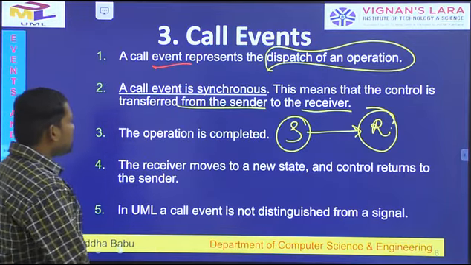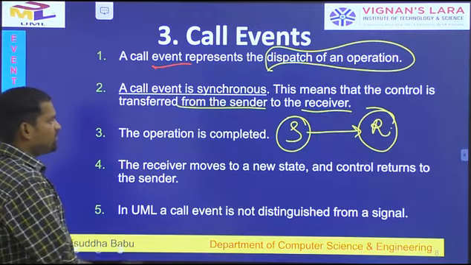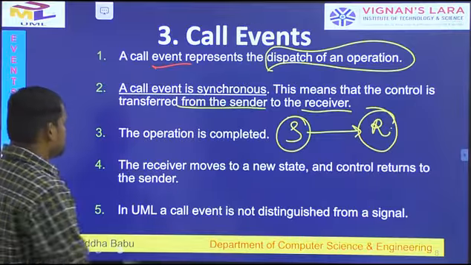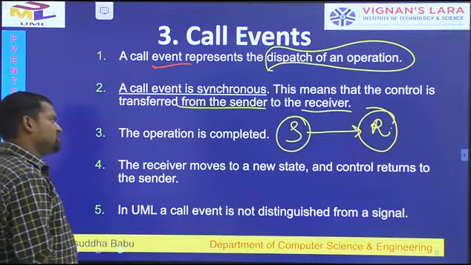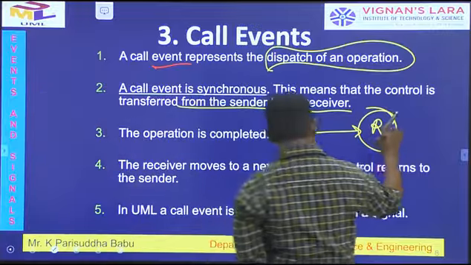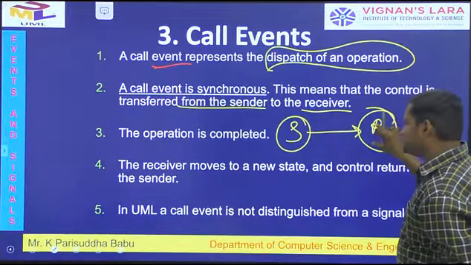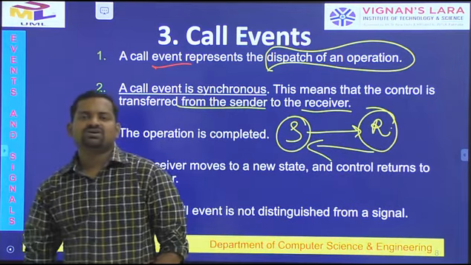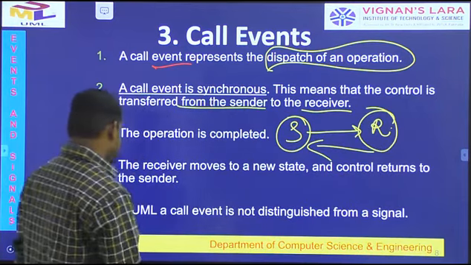Okay, so the operation is completed. If the operation is completed, the operation is transferred from sender to receiver, the receiver moves to a new state, and control returns to the sender. At that time, the call event occurs.